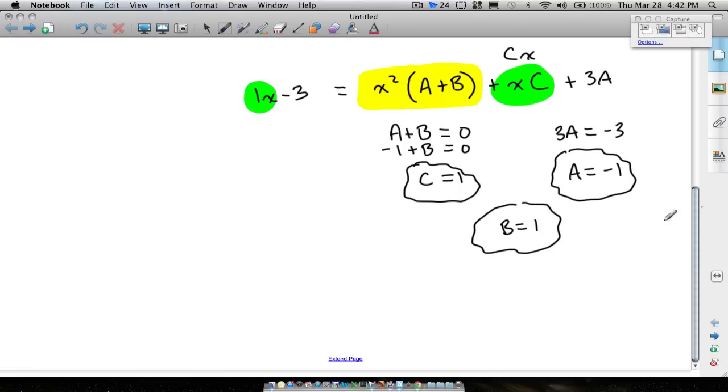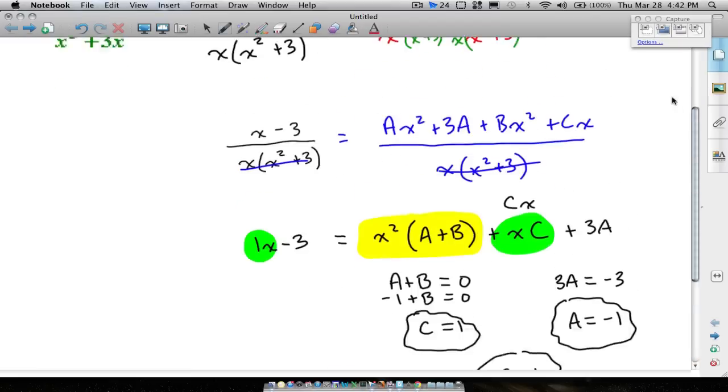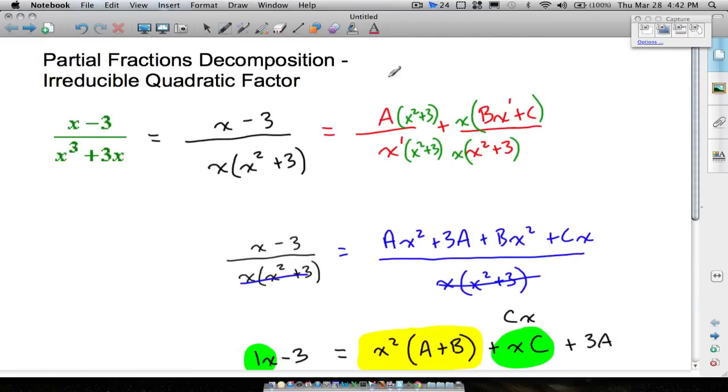So using these for our partial fractions, we can go back up to the top, and now in my other videos, you recall I said ignore this common denominator stuff. So what we'll do is we'll just go ahead and write the partial fractions: x minus 3 over x cubed plus 3x, that's just the original problem, is equal to a over x. Again, don't worry about the common denominator stuff.